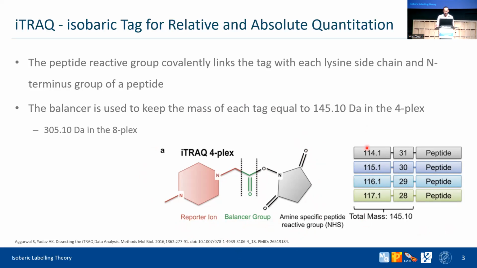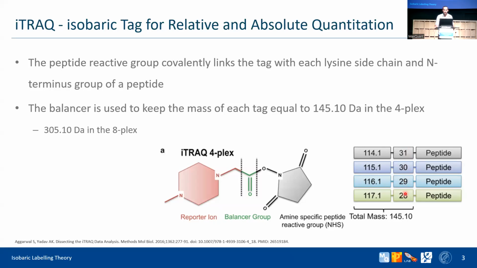What's happening is that the tags have different masses. So in a 4-plex iTRAQ reagent, the smallest mass is 114.1. And this is the mass of the reporter ion. Together with the balancer group, it adds up to 145.1. The same thing happens when we have a reporter ion which is slightly heavier than the previous one, and the balancer group is slightly lighter than the previous one.